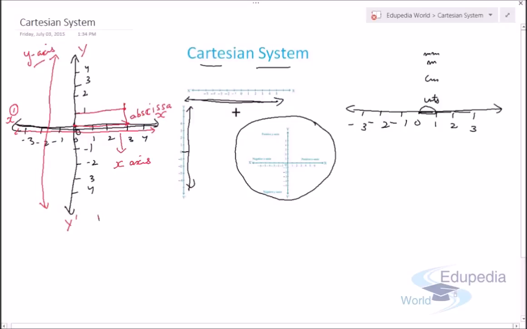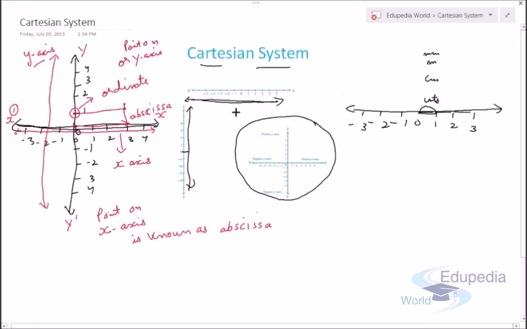We can say a point on the x-axis is known as the abscissa. Now suppose we have a point over here, this point is known as the ordinate, a point on the y-axis. So this is an overview of the Cartesian system.